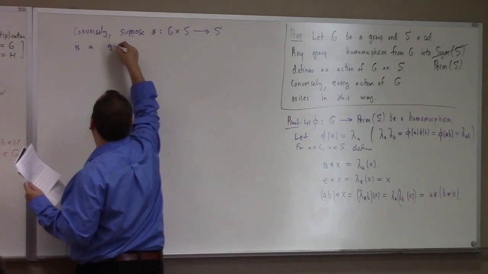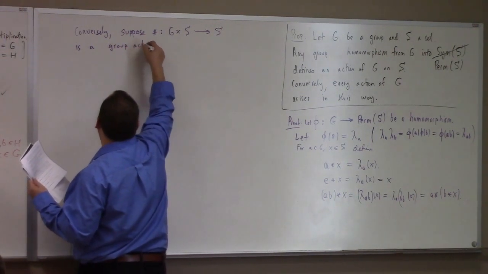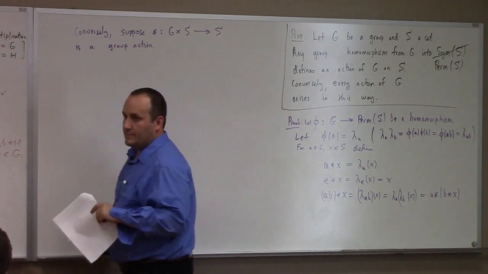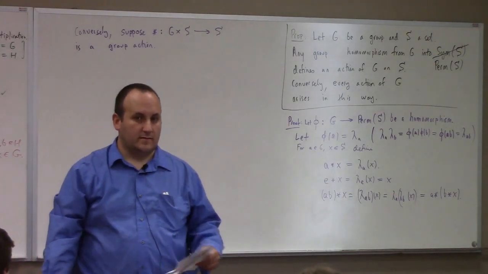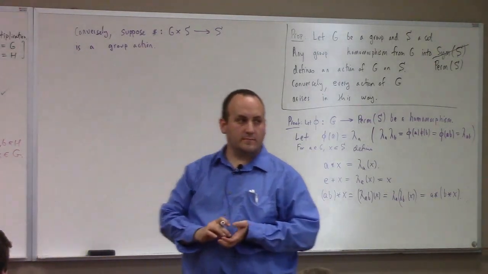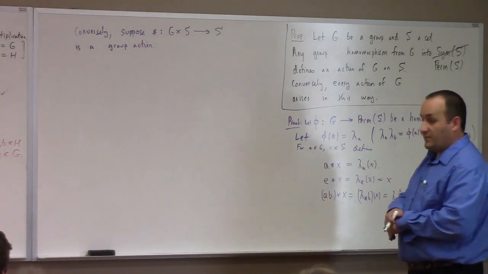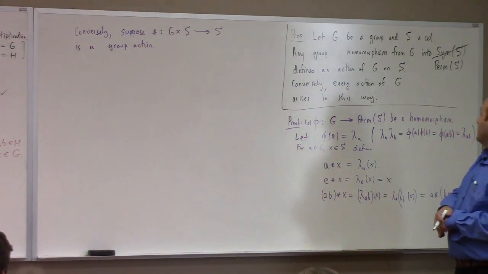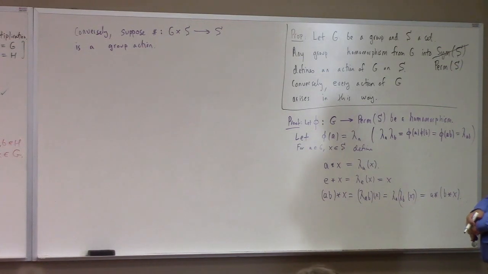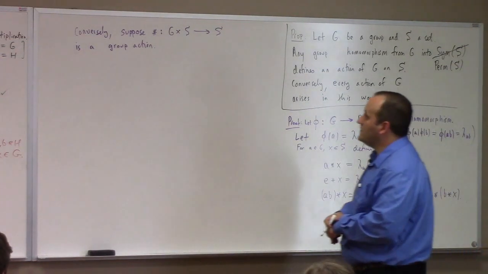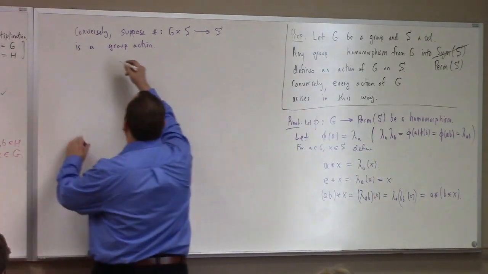What do I need to do? Yeah, I want to construct a homomorphism, right? From G into the permutations on S. So I want to construct the phi now.